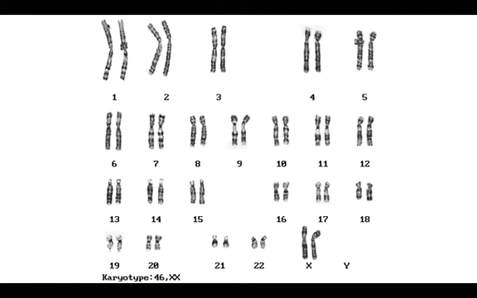So chromosome 1 is the longest chromosome, chromosome 22 is the shortest chromosome. And we only get up to 22, and then we have our X and Y chromosomes. Now, X and Y chromosomes are also known as sex chromosomes because they have a very powerful developmental role in determining if the zygote, or fetus, is likely to develop as a male or as a female.